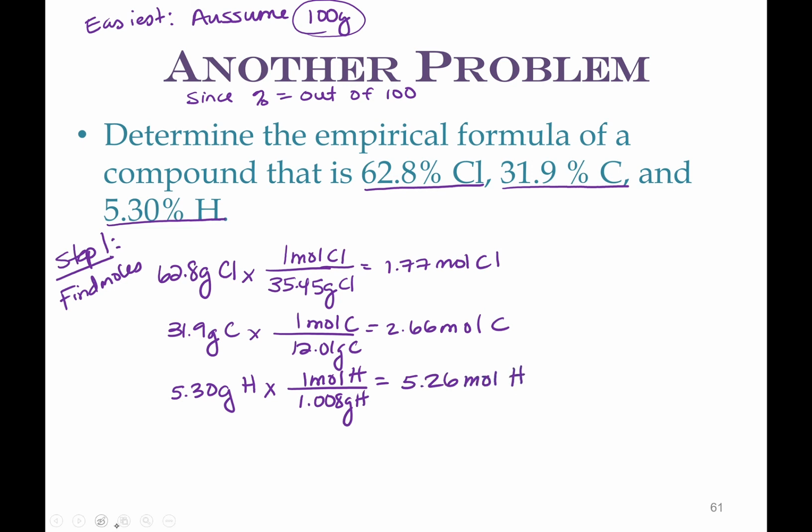Step number 2 is find the mole ratio. And we do that by dividing by the smallest number of moles. So the smallest number of moles here, 1.77, 2.66, or 5.26. We're going to divide by 1.77. That is the smallest. I can put moles here to show you that they cancel.